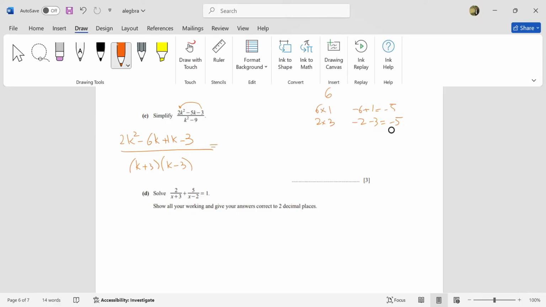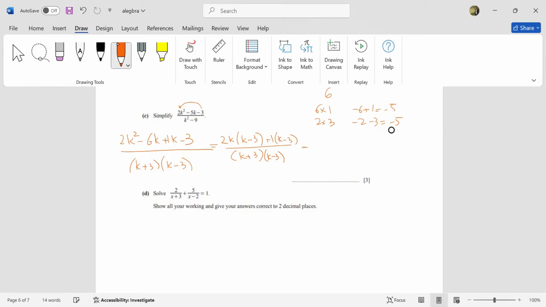Okay, now let's take common. 2k is common in the numerator, so we are left with k minus 3. Now plus 1 is common here. K minus 3 upon k plus 3, k minus 3. Many students commit this mistake that they cancel the bracket right now, thinking that there is k minus 3 in the numerator, they simply cancel it out and eventually commit the mistake.